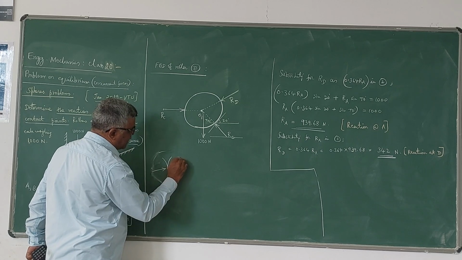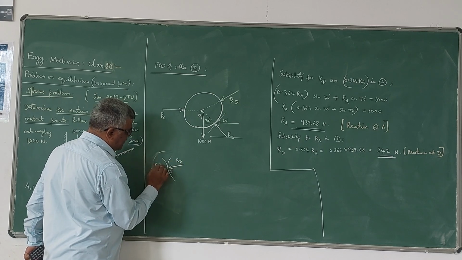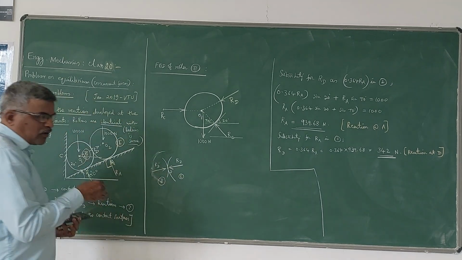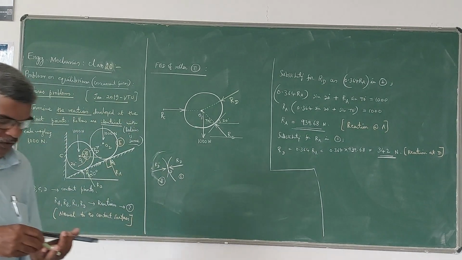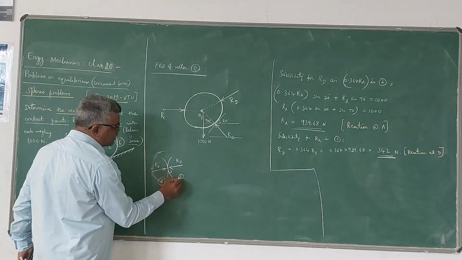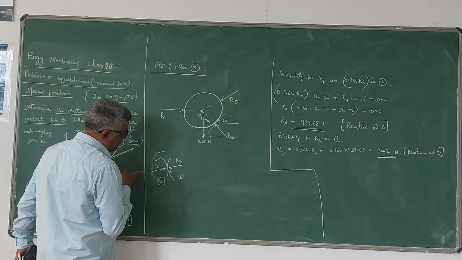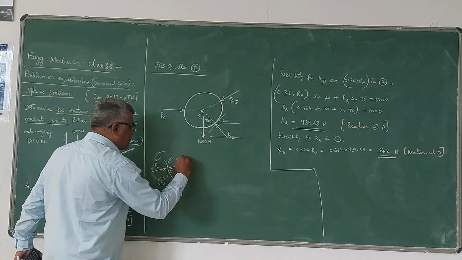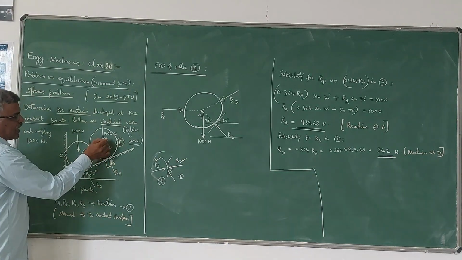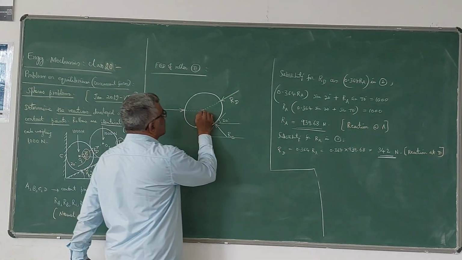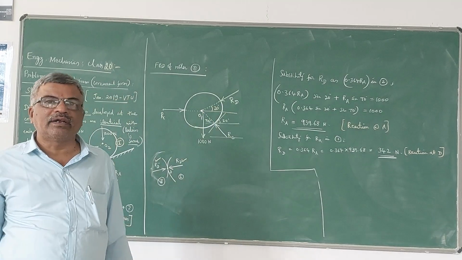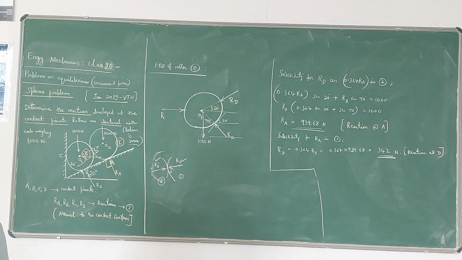This is point D, this is sphere 2, this is sphere 1. So they are collinear, equal and opposite reactions. So RD will be acting along this line, and since the rollers are identical, that angle also will be 20 degrees.